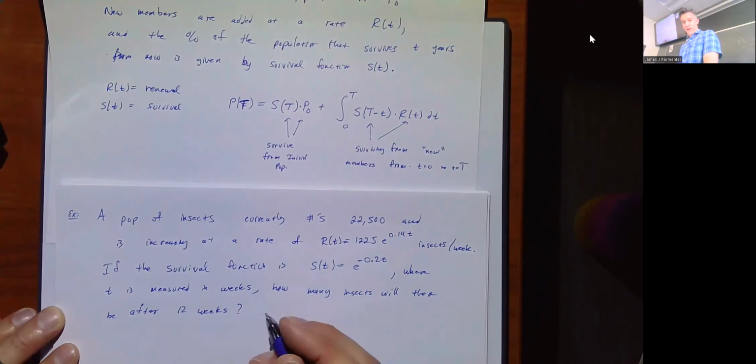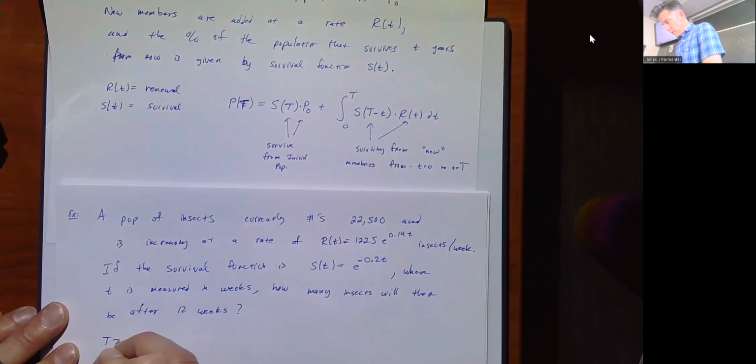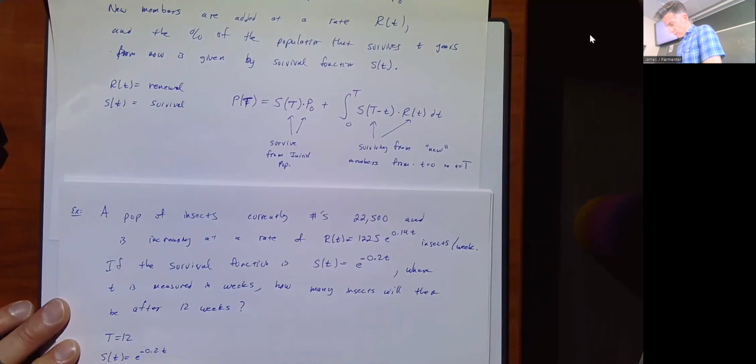So let's identify all the things. Our capital T is 12. And our S of little t is e to the negative 0.2 t. And our R of t is 1,225 e to the 0.14 t.